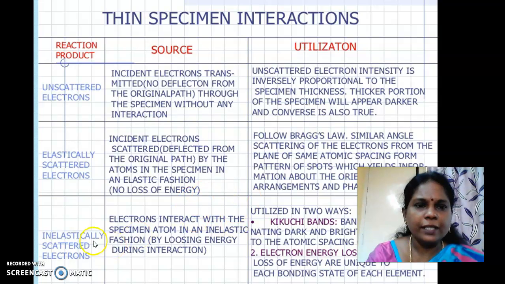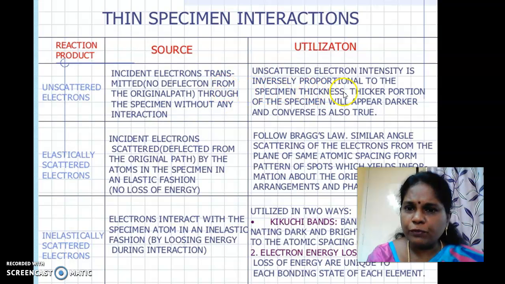As I said, the unscattered electron does not interact with the atoms of the specimen, and therefore it is used to find out the specimen thickness. The thicker portion of the specimen will appear darker because only a few electrons get transmitted, while conversely the thinner portion appears brighter in the image.